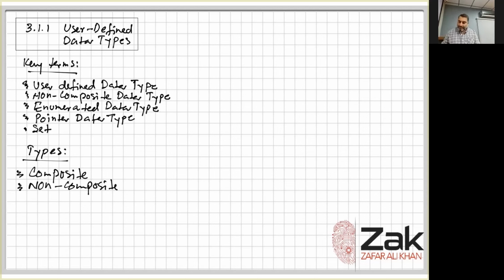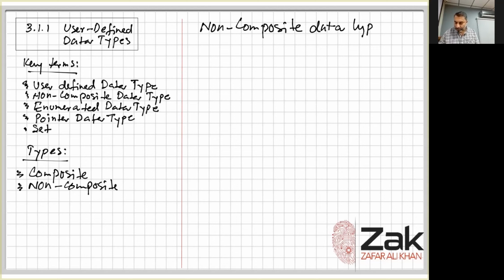So let's start with the non-composite data types. A non-composite data type can be defined without referencing another data type.